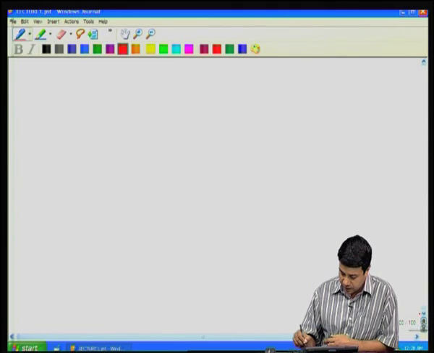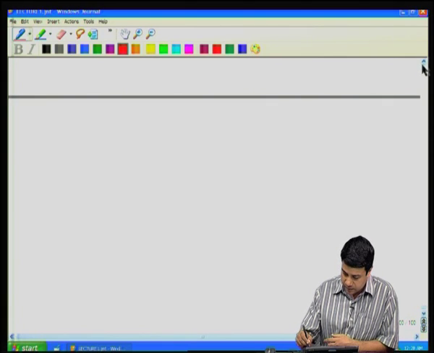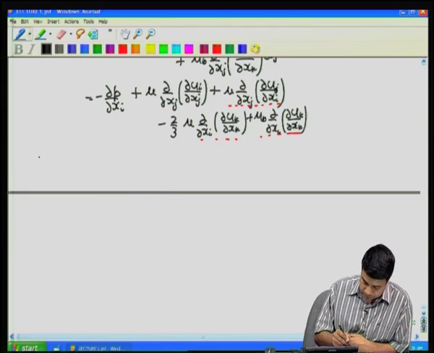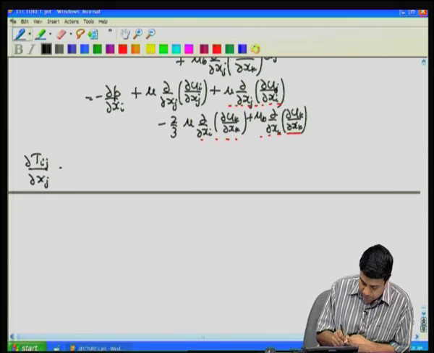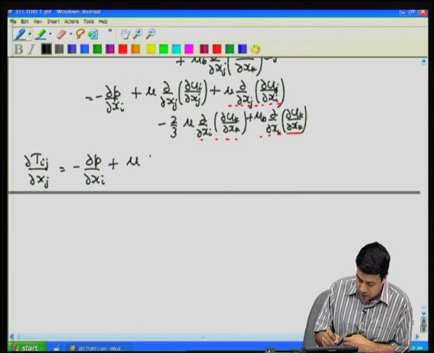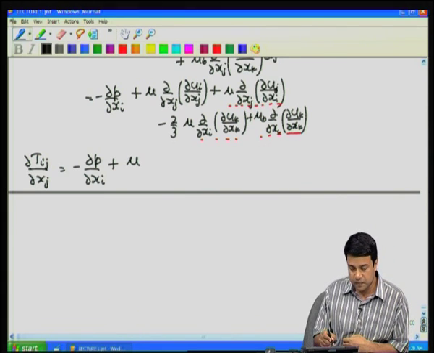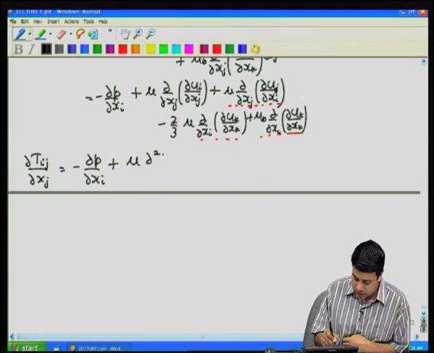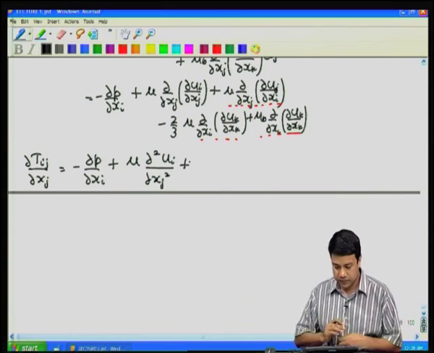And I can add all of those up to get partial T_ij by partial x_j is equal to minus partial p by partial x_i plus mu. This is partial by partial x_j of partial u_i by partial x_j, del dot del u_i, that is partial square u_i by partial x_j square.